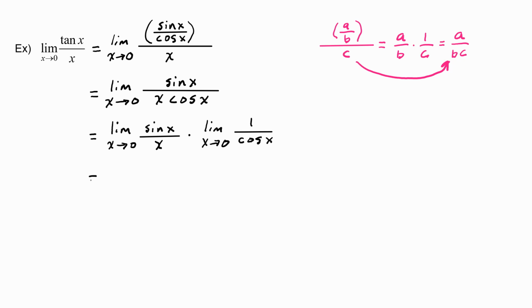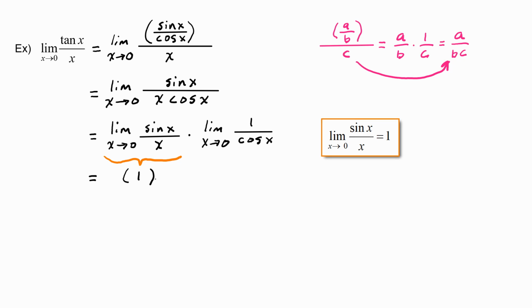Now, this first limit is exactly matching our rule because the argument of the trig function, the denominator, and the variable of the limit all match, and we have sine of x isolated in the numerator. So this limit is exactly equal to 1. Now we will need to multiply that times this limit.